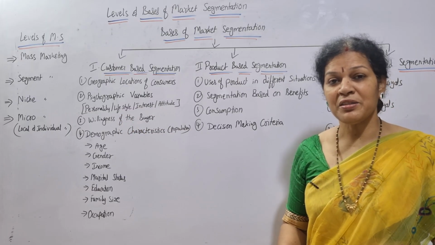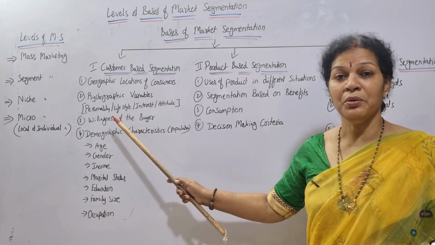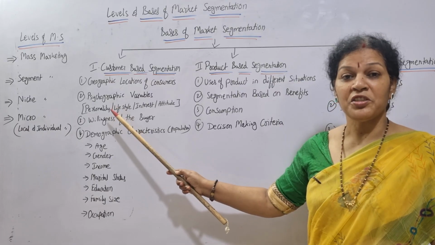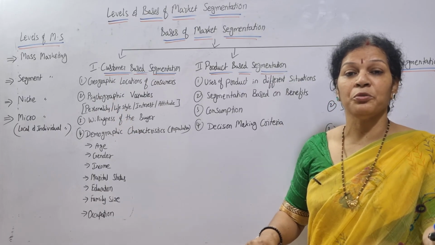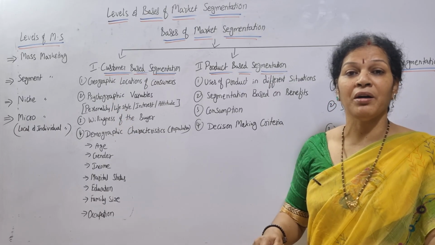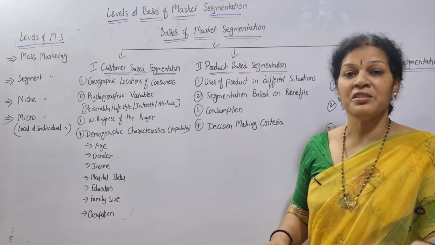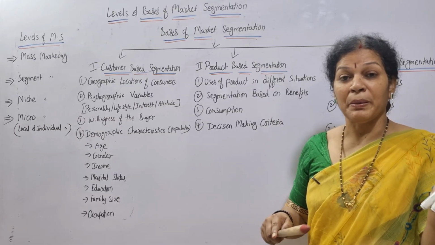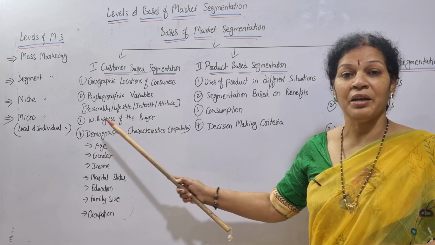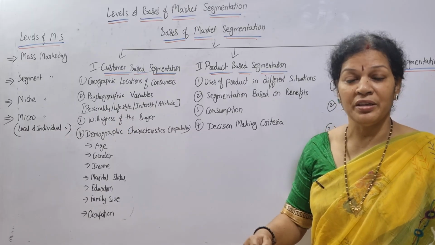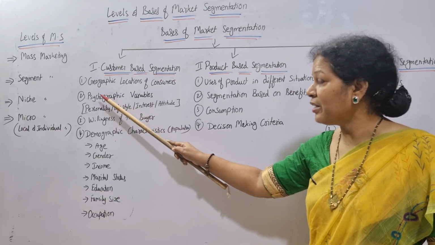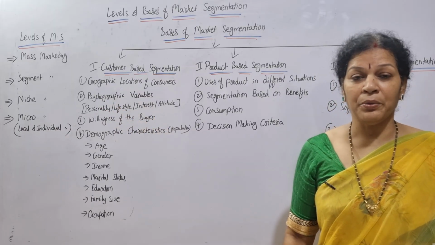According to the personality and lifestyle, we make the product available to the consumers, and consumers will buy because our product is customized in such a way, prepared according to their lifestyle, their requirement, their interest. That is why psychographic variables also we have to consider.